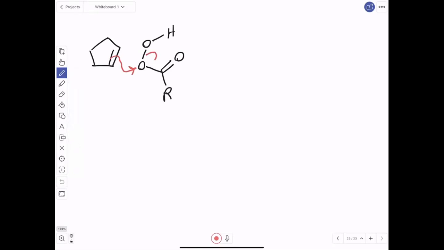This bond breaks. The pi bond forms a new sigma bond with that oxygen. The pi bond breaks on oxygen. This oxygen starts to form a new sigma bond with that hydrogen, and this is the transition state.